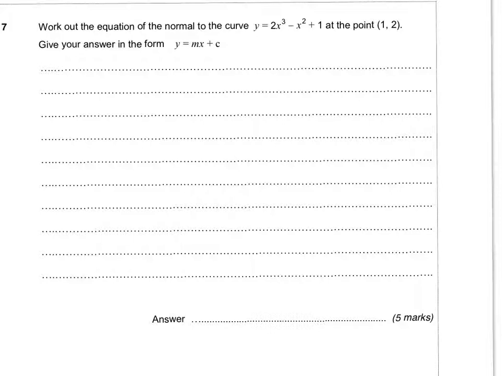Question 17. Work out the equation of the normal to the curve. So we're thinking perpendicular. y equals 2x cubed minus x squared plus 1 at the point (1, 2). Give your answer in the form y equals mx plus c. So first of all I need the gradient, so dy by dx is 6x squared minus 2x, constant disappears.